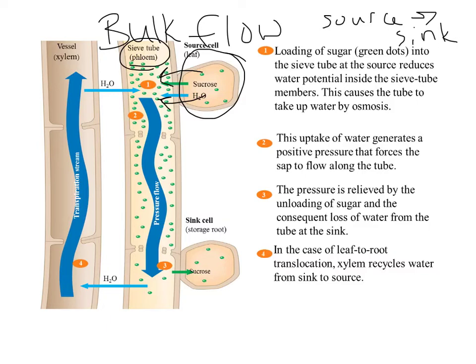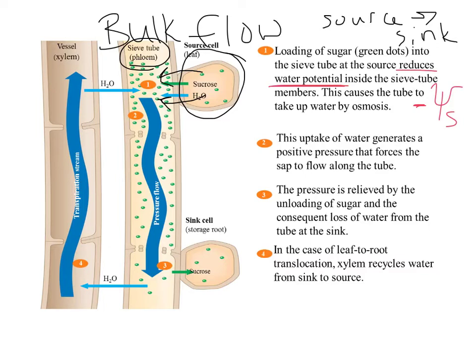So the sugars go into the sieve tubes, and if you think about what you know about water potential, now that I have added the solute to the inside of the sieve tube, I have decreased my water potential, right? Because I've made my solute potential more negative because I have added a solute to that sieve tube.